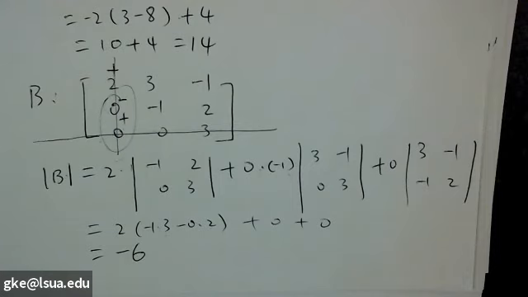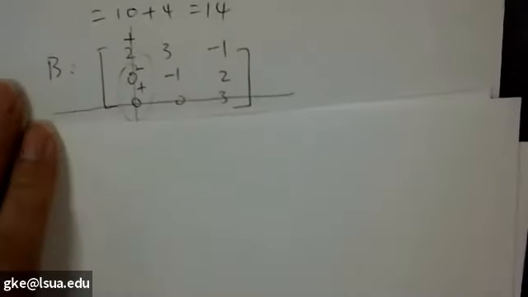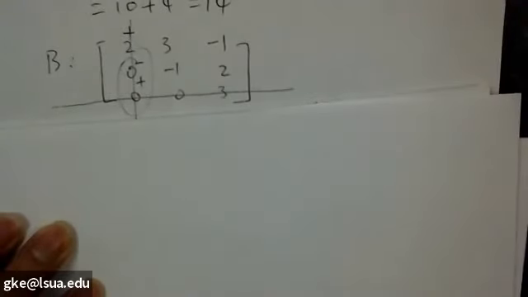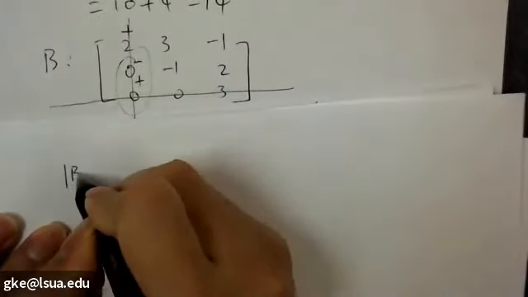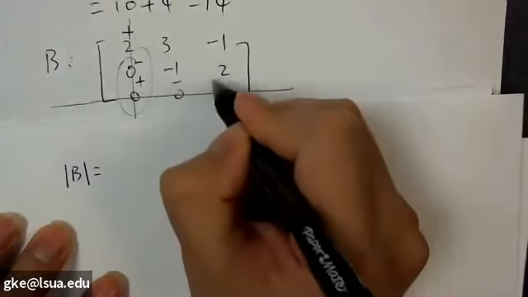Did you get the same result? -6. Right, let me do it on board. So if we are calling B, following the last row, there should be a positive, negative, positive.